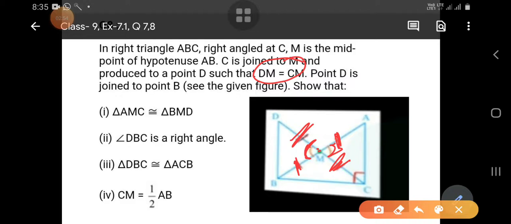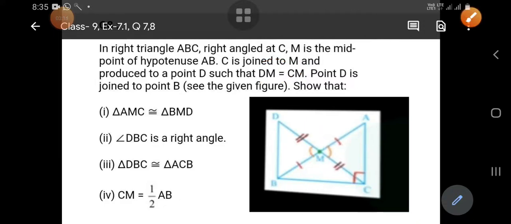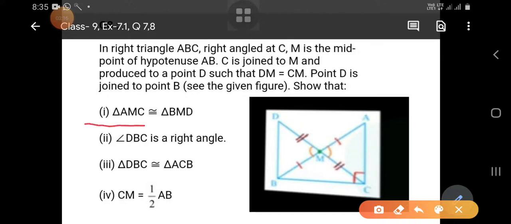So in the two triangles, two sides and the angle between these sides are equal. So by the side angle side criterion, we can say that triangle AMC is congruent with triangle BMD.